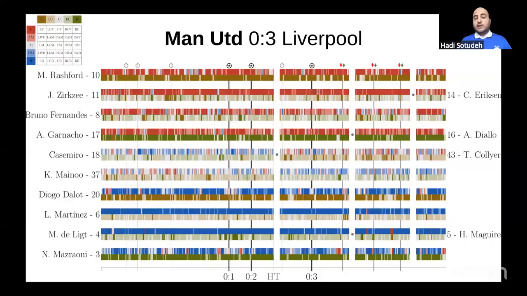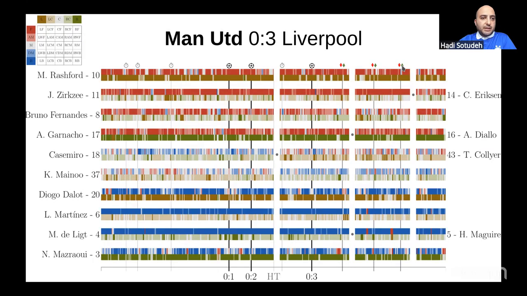And this view, which we call a position plot, makes it possible to try to understand how the players and each team started the match in terms of the formation, but also how they reacted to the interesting moments like the halftime that is annotated in this visualization, or the goal scoring moments that are shown with these vertical lines in black, or the moments that the substitution has been done by the opponent. In this case, you can see there are substitution signs on top of the plot. These are the moments Liverpool made a substitution.